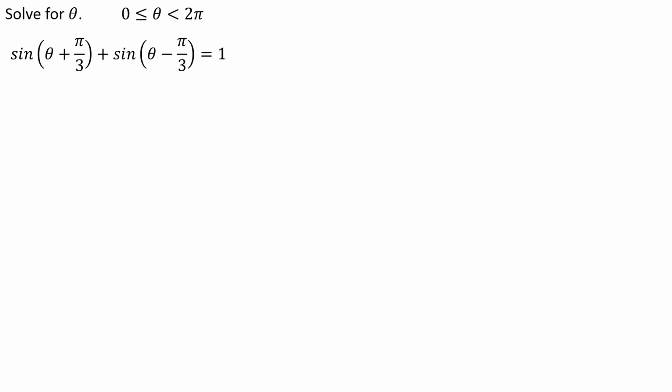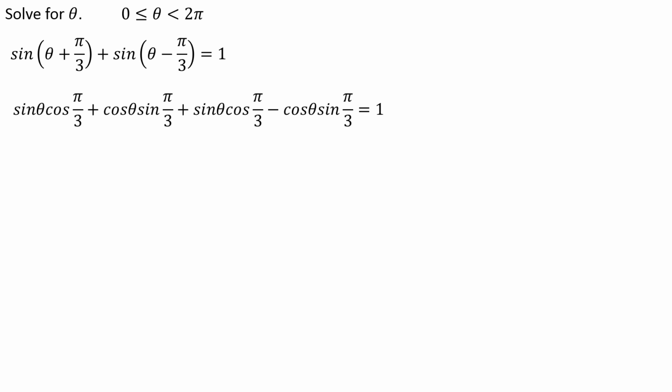Well, again, sine of u plus v, sine u cosine v plus cosine u sine v. And of course, sine of u minus v, sine u cosine v minus cosine u sine v. And of course, I still have my equal 1.